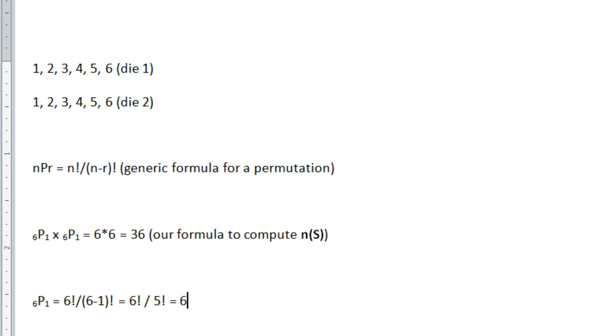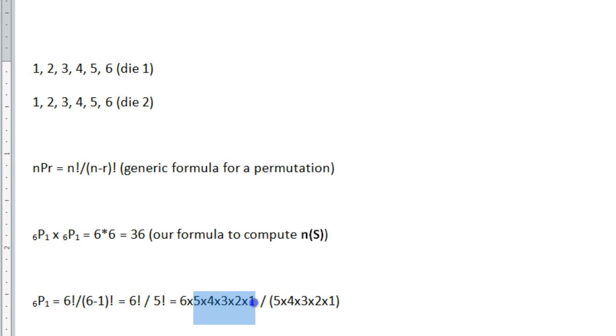So that would be 6 times 5 times 4 times 3 times 2 times 1 divided by, and just for the sake of cleanliness, let's put a bracket around this, (5 times 4 times 3 times 2 times 1). And you'll notice that when you divide these two numbers, you are left with 6.